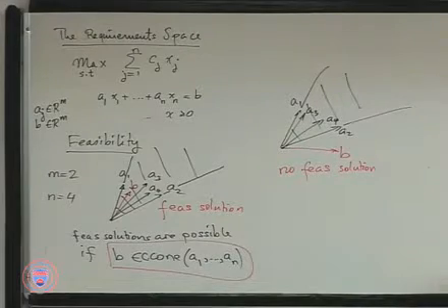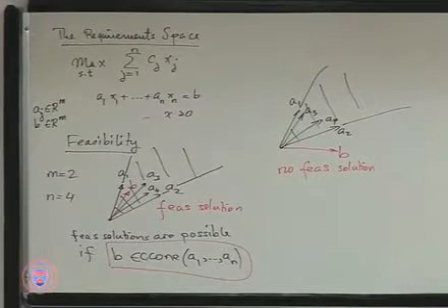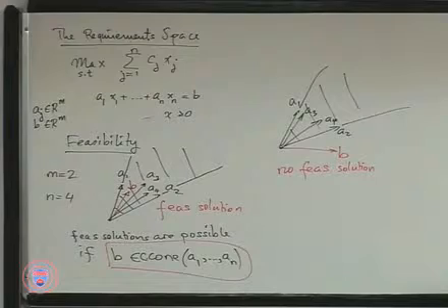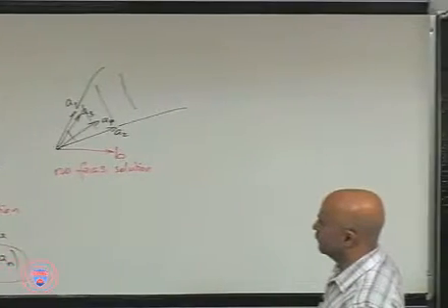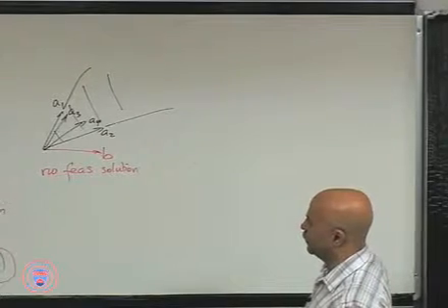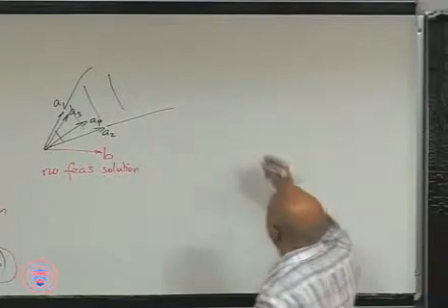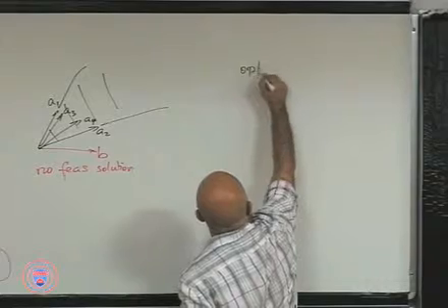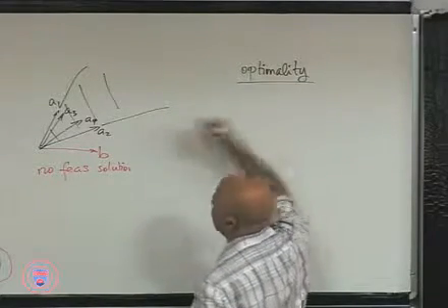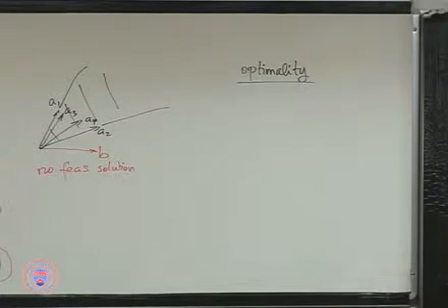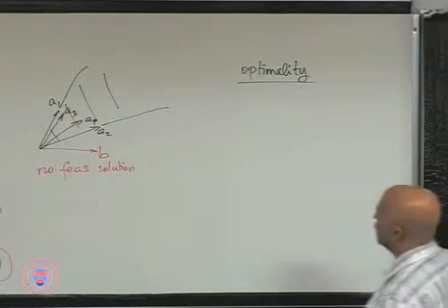Now, if you wanted to interpret optimality in this case, it will be the following. So let's just try. Optimality for the same type of problem with equality in the constraints and non-negativity.